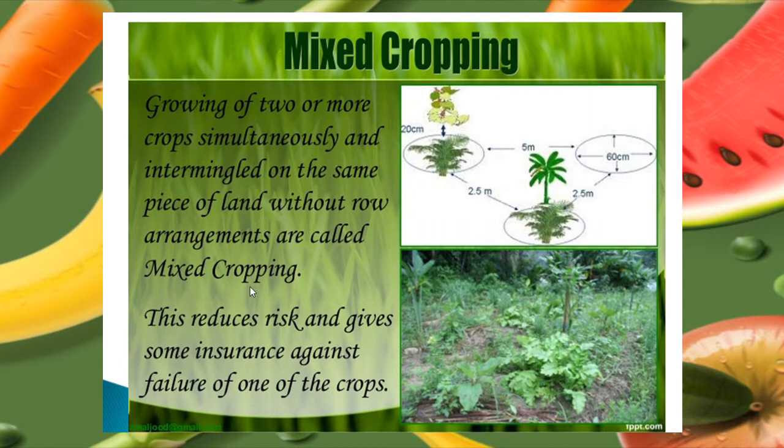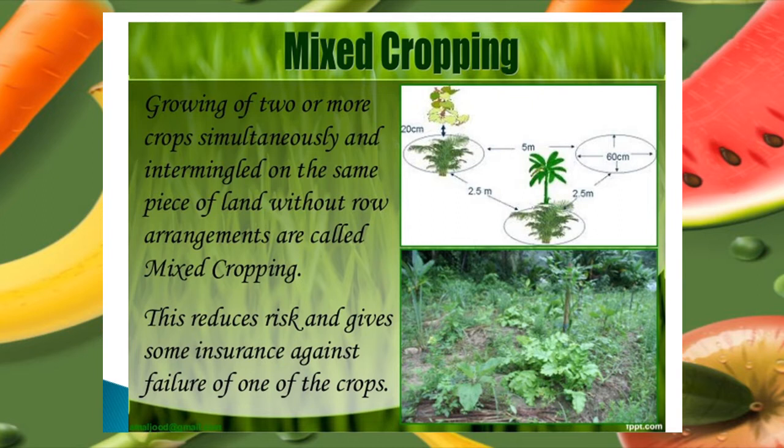The examples of crops which are grown under mixed cropping are wheat and gram, wheat and mustard, groundnut and sunflower. Now what is the benefit of mixed cropping? This technique reduces risk and gives some insurance against failure of one of the crops. Suppose wheat and gram are grown under mixed cropping.